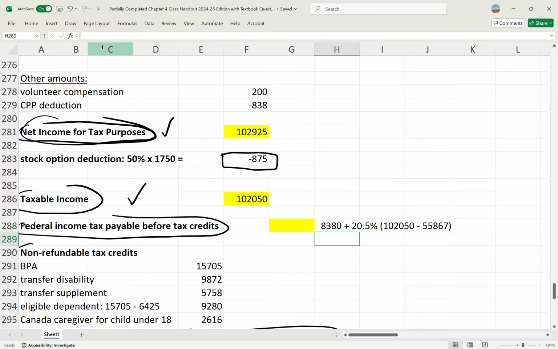I worked through that calculation, and the federal tax before tax credits, rounded to the nearest dollar, is 17,848. Any questions with that calculation?